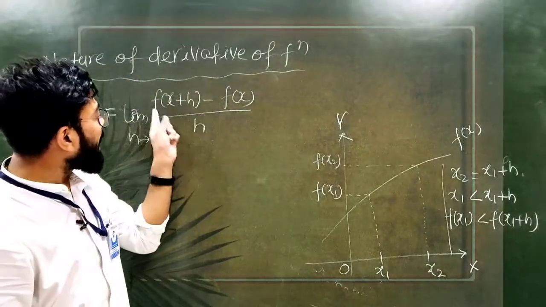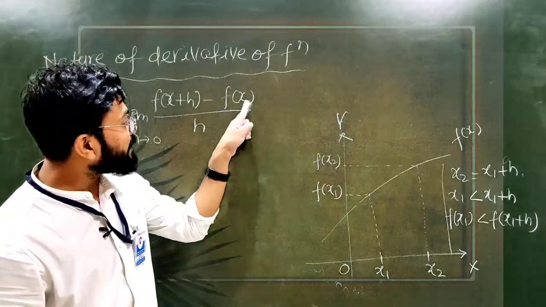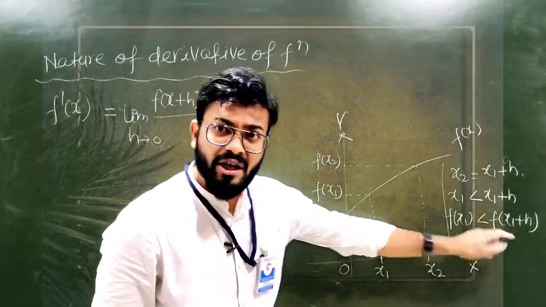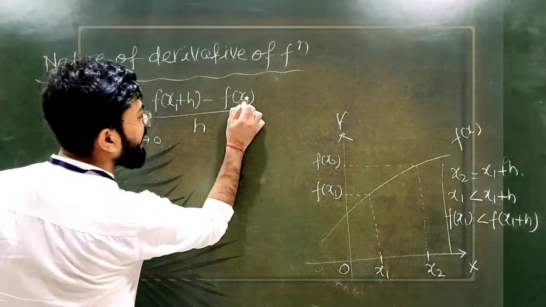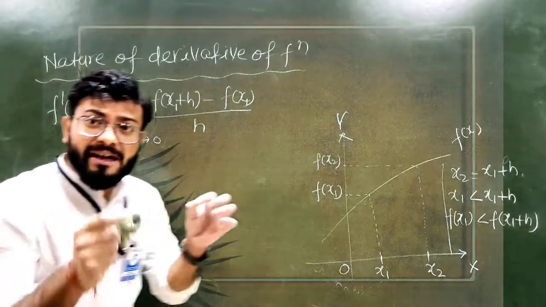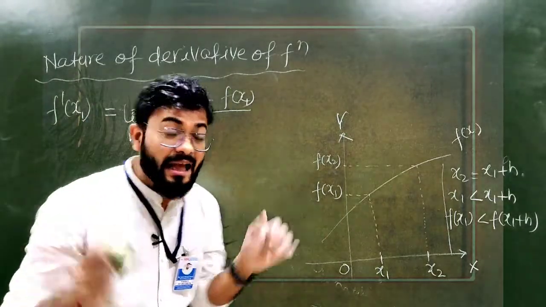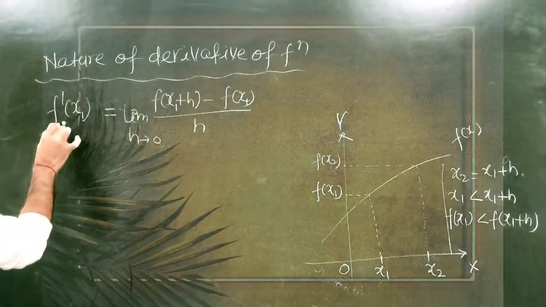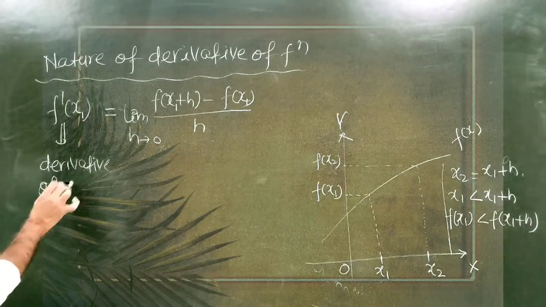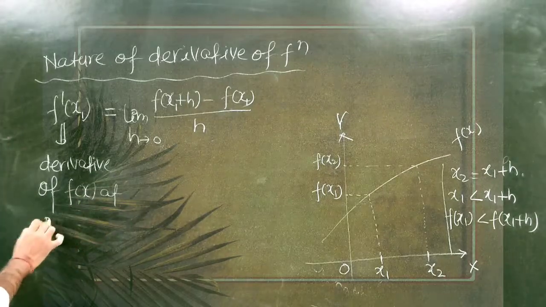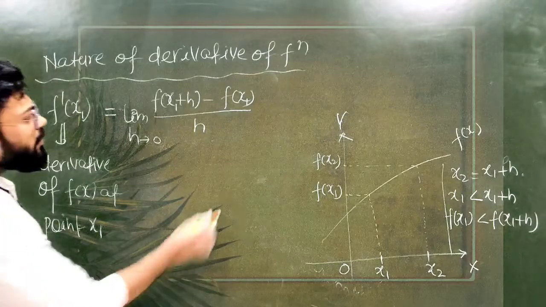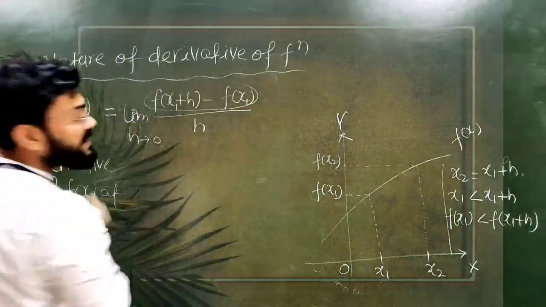I want f of x plus h minus f of x, but here the point is x1 and this point is x1 plus h. So I'll put here x1. This indicates the derivative of function at point x1. f dash x1 means derivative of f(x) at point x1. So let's find this.